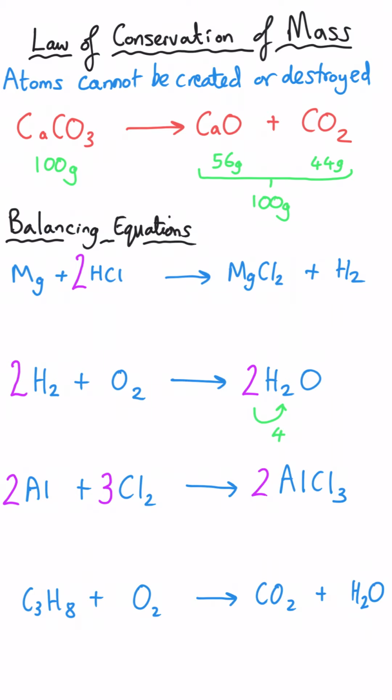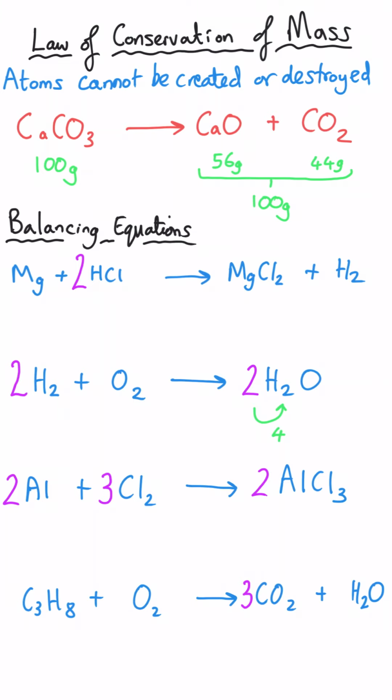And then the final one, for the combustion of propane, we've got oxygen in lots and lots of places. My advice here is when an atom appears in lots of different places, leave it until the end, because otherwise you're going to have a knock-on problem if you solve it one at a time. So we should solve, first of all, the 3 carbon atoms on the left-hand side by putting the multiplier 3 in front of the 1 carbon on the right-hand side. Similarly, we've got 8 hydrogen on the left.